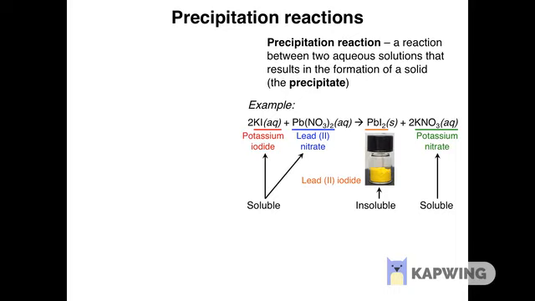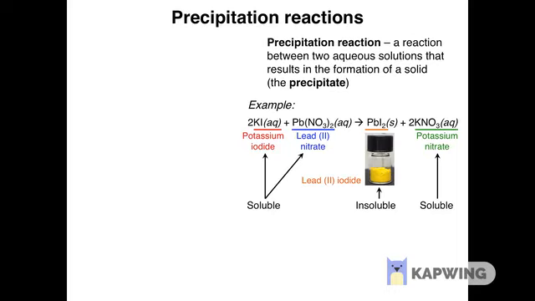We combine aqueous solutions of potassium iodide, since all ionic compounds that contain the potassium plus ion are soluble in water, and of lead-2 nitrate, since all nitrates are also soluble in water.